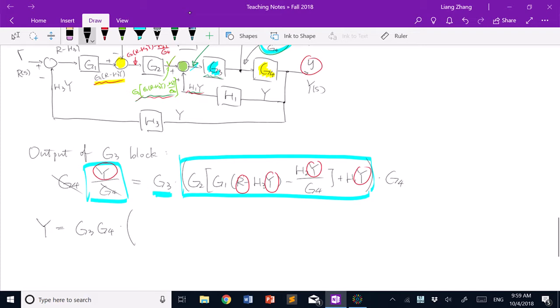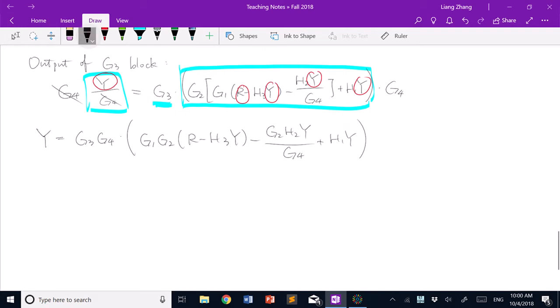So this will be G1, G2, R minus H3Y, and minus G2 H2Y over G4, and then plus H1Y. So I just distribute G2 with each of the terms inside.